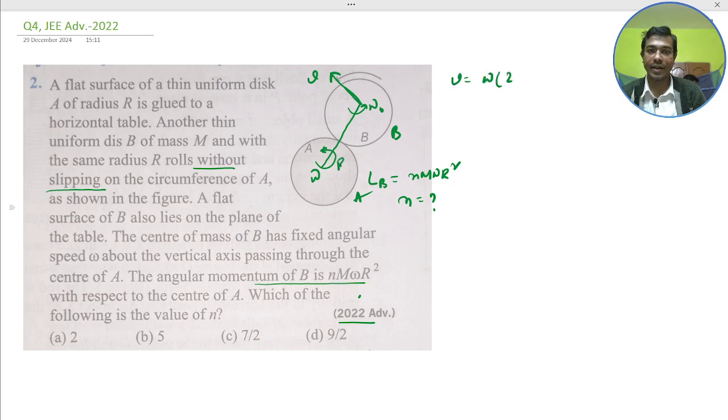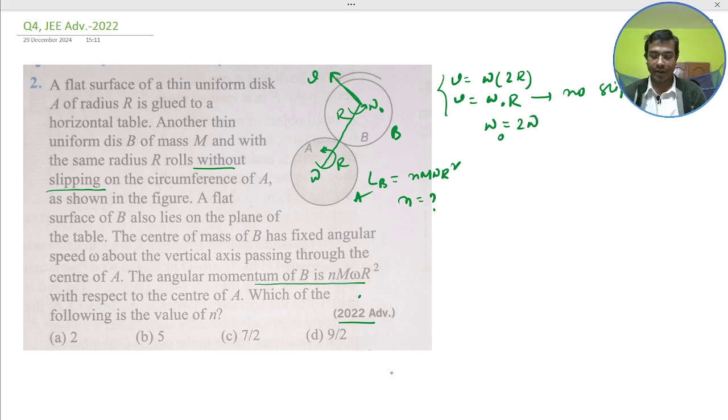R means 2r here, r and here r, and v equal to omega naught r. This is for the no slipping case. From these two we get omega naught equal to 2 omega.